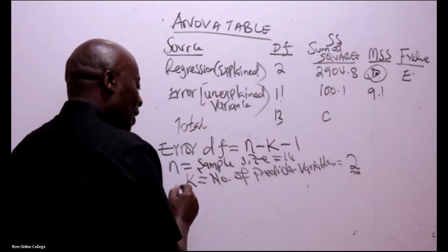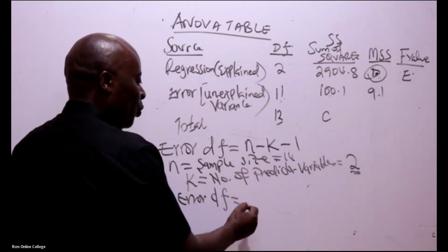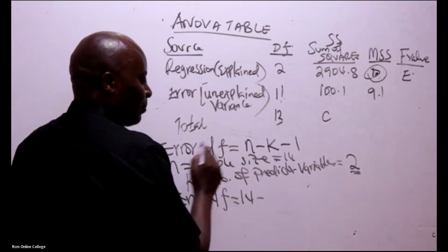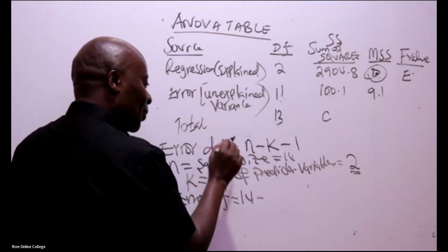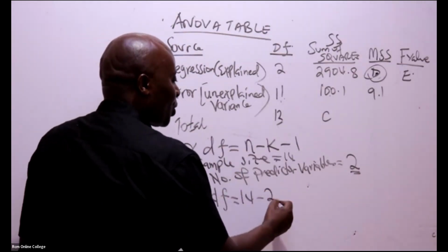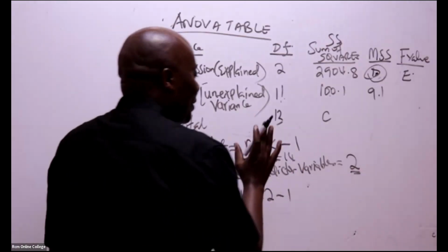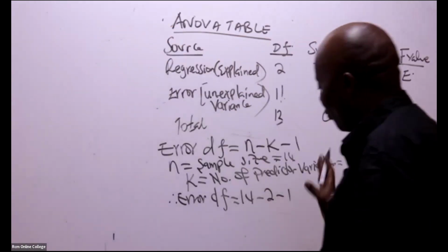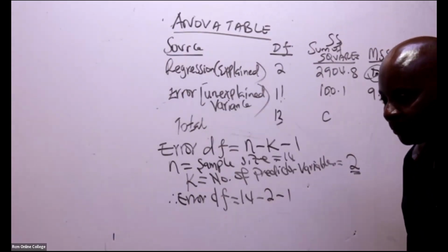So the error df will be the sample size 14, minus k, which is 2, minus 1. Don't ask me where that one is coming from; it's important to just cram it. So 14 minus 2 minus 1 will end up giving us what here?